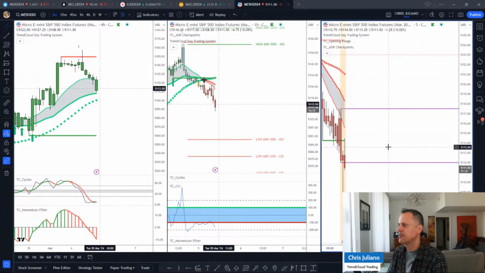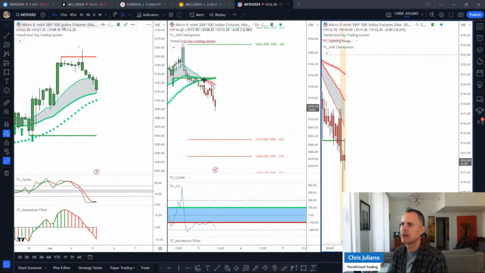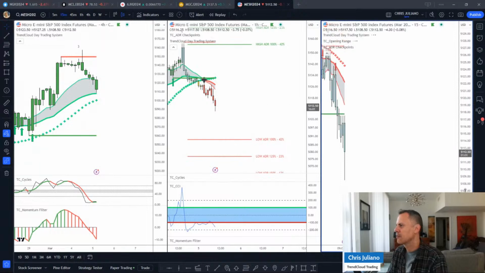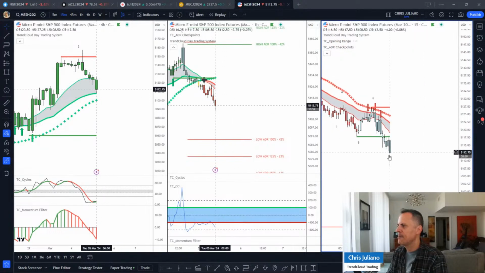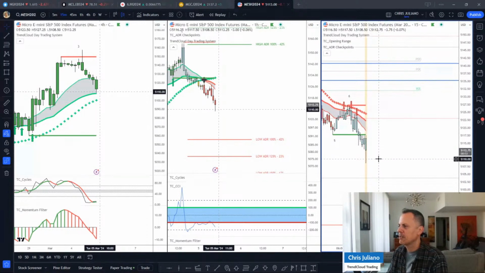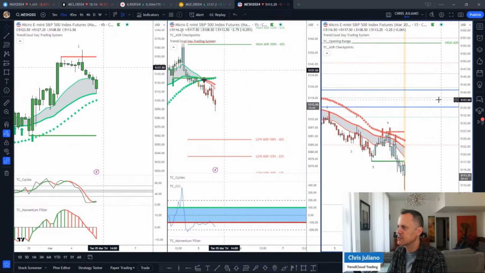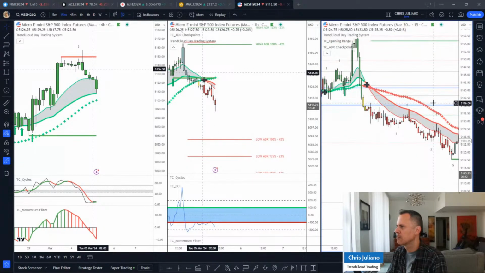What we're probably going to look for here is some sort of deep pullback, and that makes sense. 15-minute chart is overextended. Okay, the opening range is going to be somewhere right here. Sometimes we see deep pullbacks to the previous opening range. All right, that's a possibility.